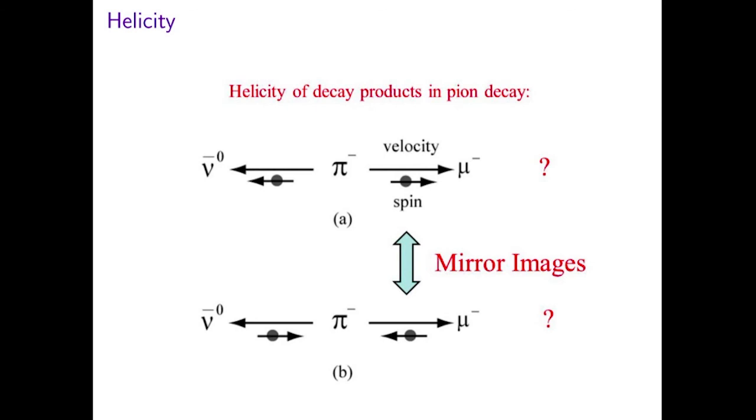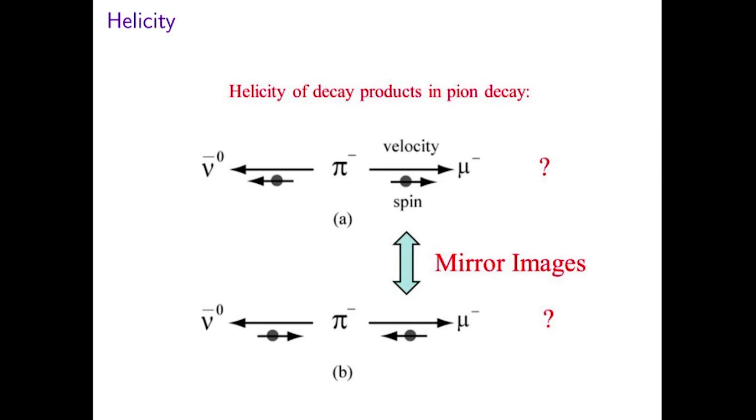But here's the thing. Let's take a neutrino or an antineutrino, which is massless, unlike the electron. Neutrinos and antineutrinos travel at the speed of light, which is the speed barrier of the universe, meaning no observer can travel faster than the speed of light. So we can never reverse the helicity of a neutrino or an antineutrino.